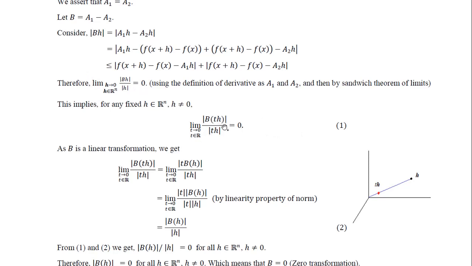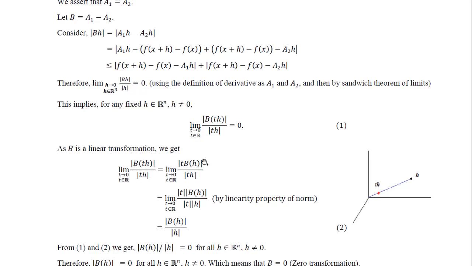So that is what the purpose is, that I have specifically put a bracket here. Now let us analyze the left hand side further, and in a later case we will use condition number 1 that this limit is 0. So let us simply concentrate on the left hand side. Limit as t tends to 0 of the norm of B applied to th upon the norm of th again. Now as I told, B being a linear transformation, t comes out, so that is what we are doing. So simply this limit is kept apart, and we are dealing inside the limit.